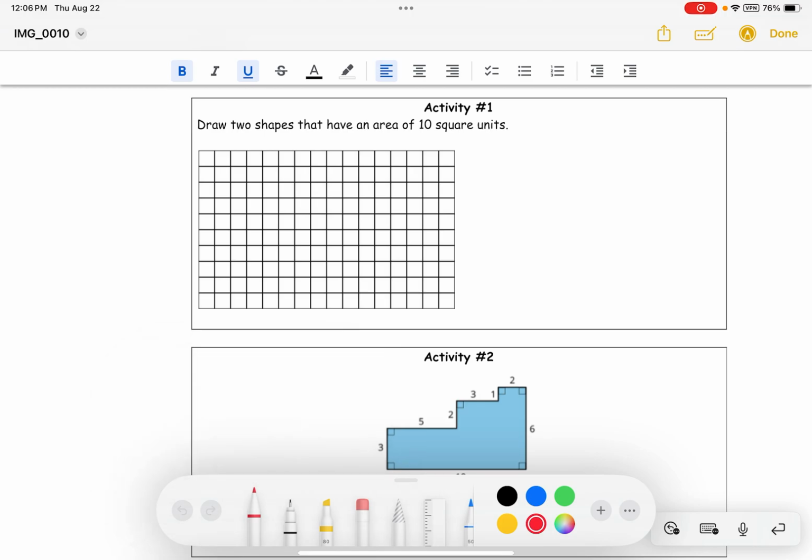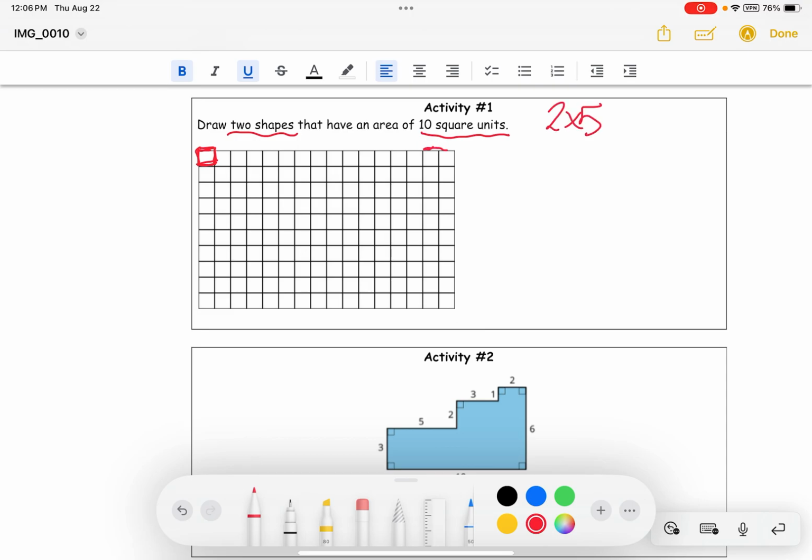Activity number 1 says draw 2 shapes that have an area of 10 square units. So area is the number of these little squares. One of these squares equals 1 square unit, okay? So we need to draw a shape that has 10 of them. This obviously isn't our shape, but I'm going to draw one shape over here. I know, for example, 2 times 5 equals 10.